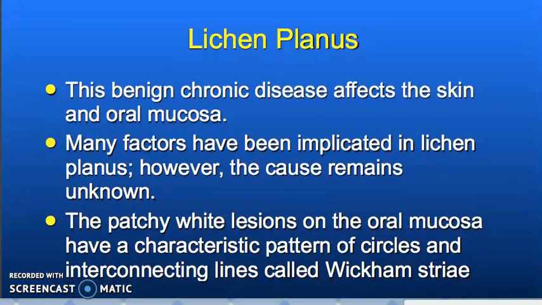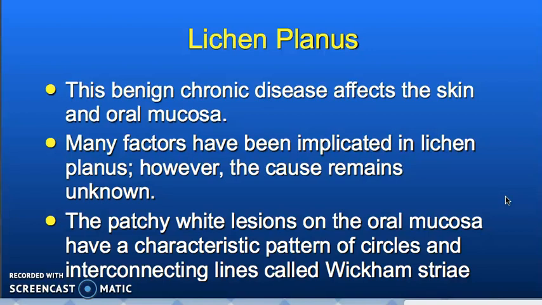It's called lichen planus. It's a benign, which again means not cancerous, chronic disease that affects the skin and the oral mucosa. Many factors have been implicated in lichen planus. However, the cause remains unknown. Unlike leukoplakia, with lichen planus we really don't know what causes it.